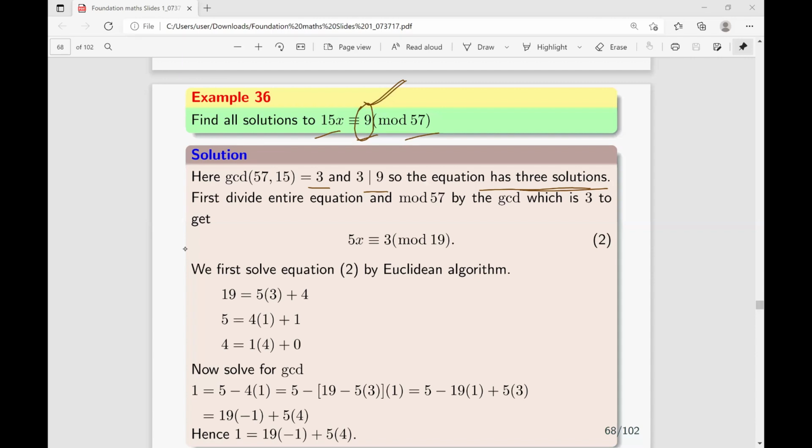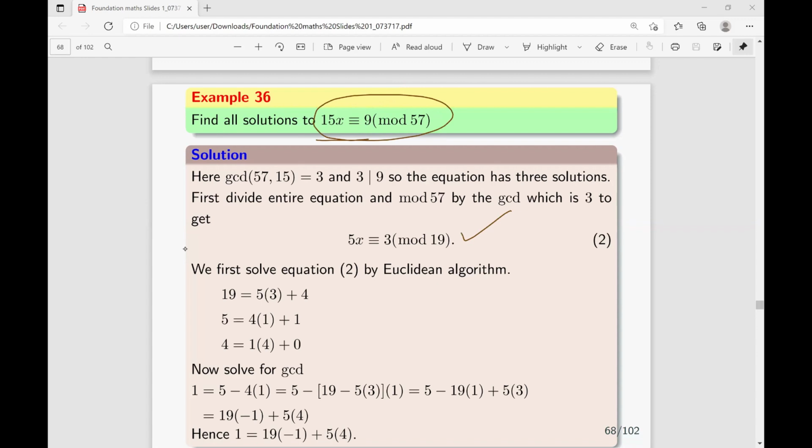So now let's divide it through by the common factor 3. When you divide this equation by the common factor 3, this is what you arrive at. You divide everything by 3. 15 by 3 gives you 5. 9 by 3 gives you 3. 57 by 3 gives you 19.